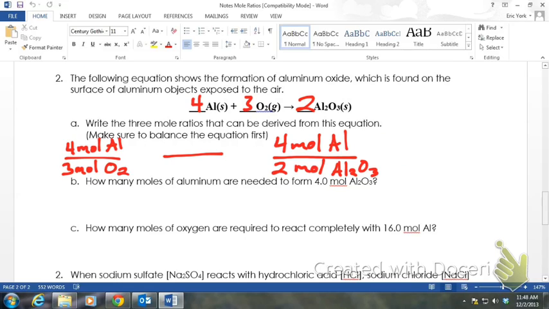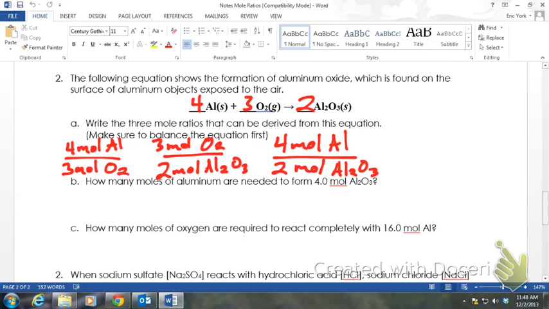Now the third one that I skipped, we're going to compare this one and this one. So what goes on top? 3 moles of what? And what goes on bottom? And those are our 3 conversion factors.